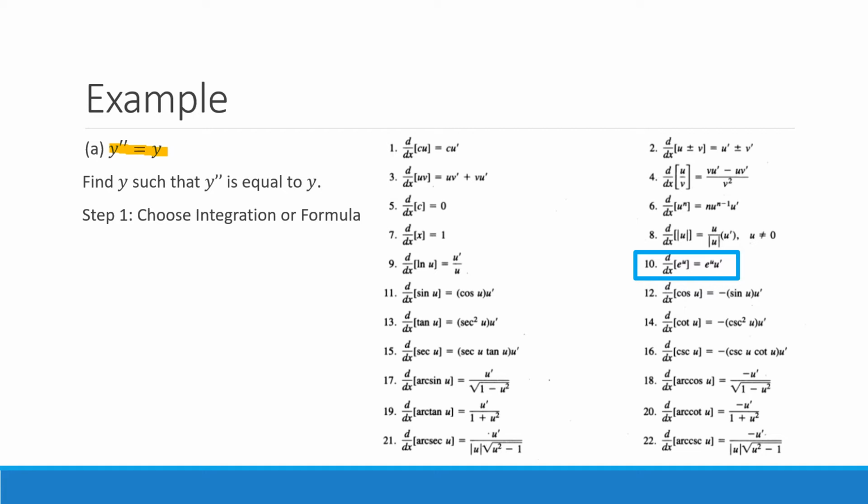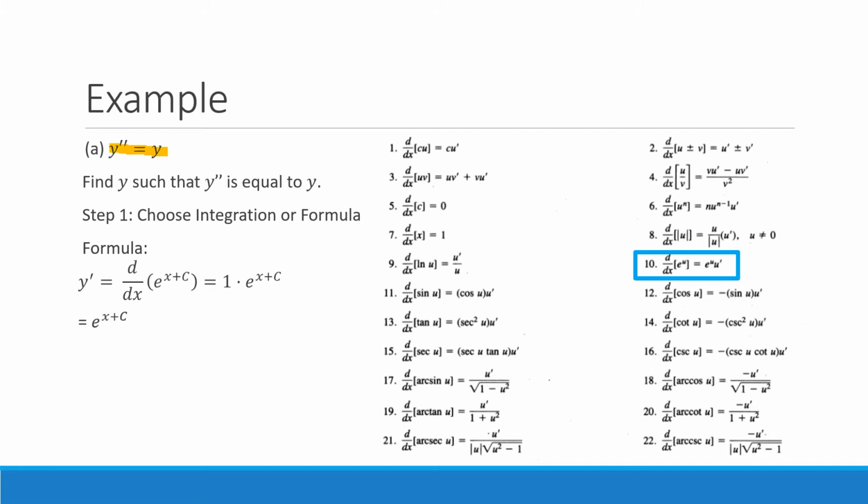So if we have a function, let's say e to the x plus some constant, the derivative of this is 1 times e to the x plus some constant. And if we simplify that, we are left with e to the x plus c, or the original y.